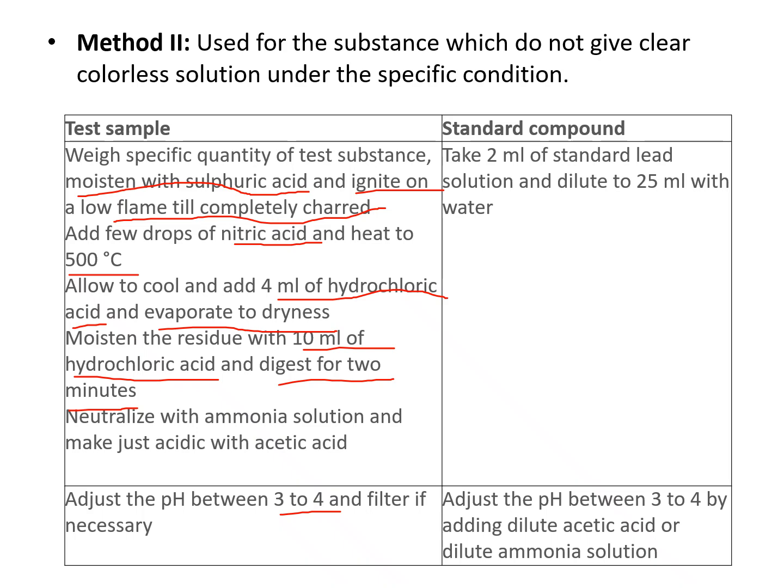Next, the standard solution is prepared: 2 ml of standard lead solution is taken and diluted to 25 ml with water. Here also we have to adjust the pH to 3 to 4 by adding acetic acid and or dilute ammonia solution.